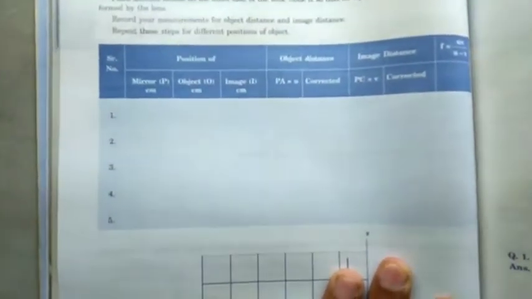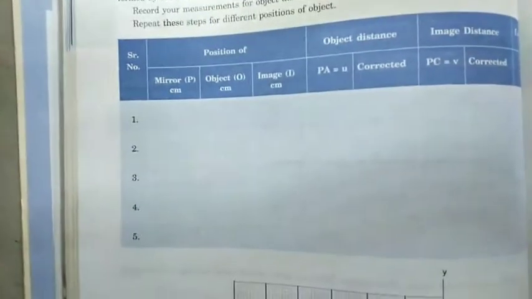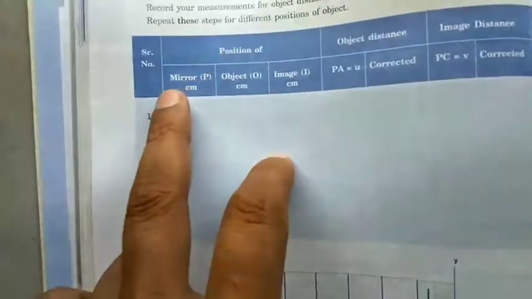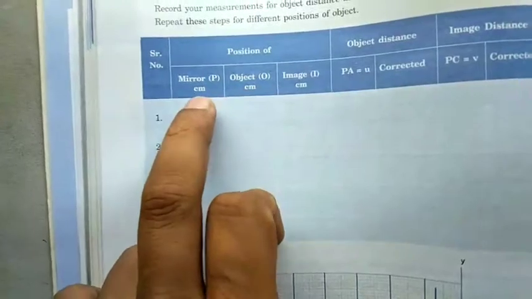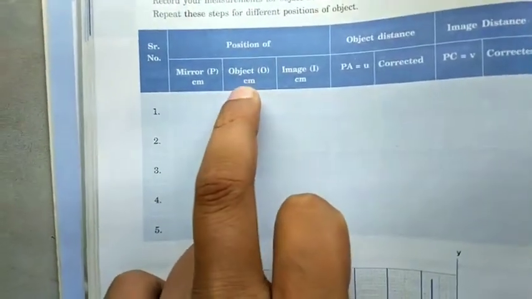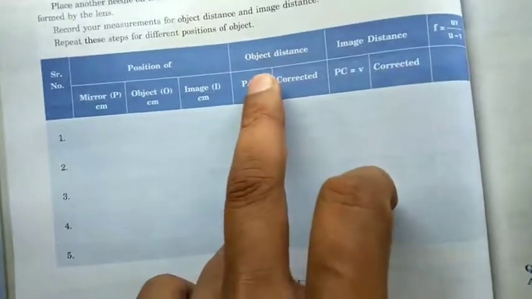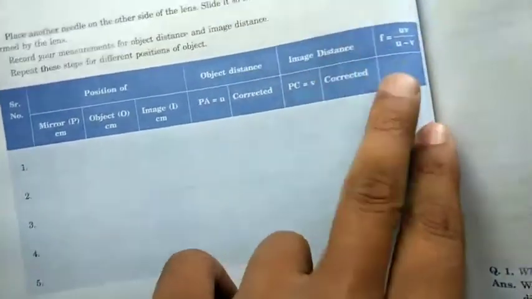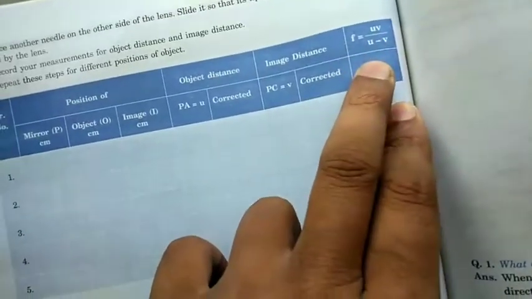This is our calculation table. Here, position of lens, this is a misprint. This is position of lens, position of object, position of image, object distance, image distance, and the formula f is equal to uv divided by u minus v.